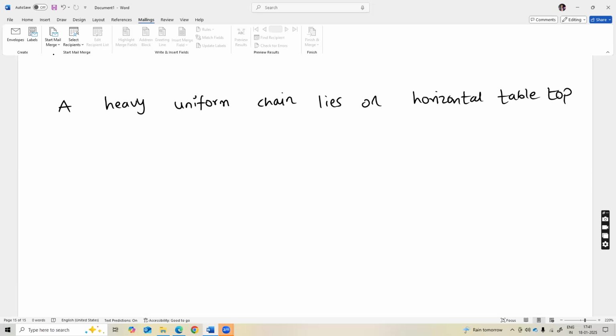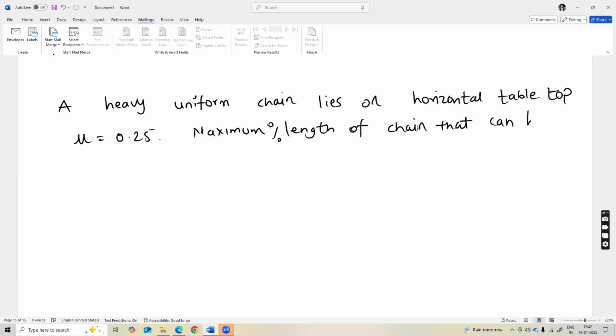If the coefficient of friction between chain and table is mu equal to 0.25, then basically we have to find the maximum percentage length of the chain that can hang over the edge without moving, it should not start moving.